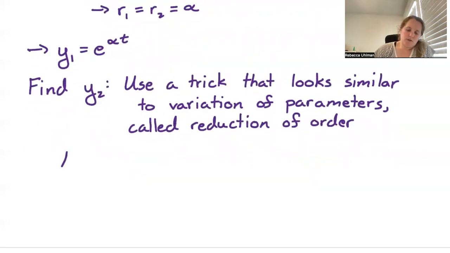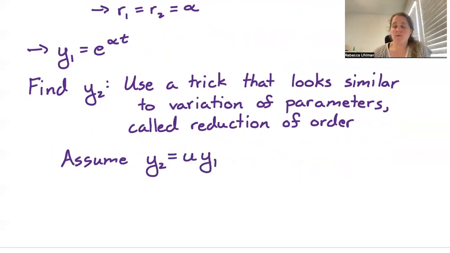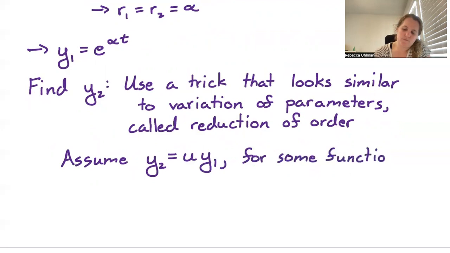So we're going to assume that y2 is u times y1 for some function u of t.